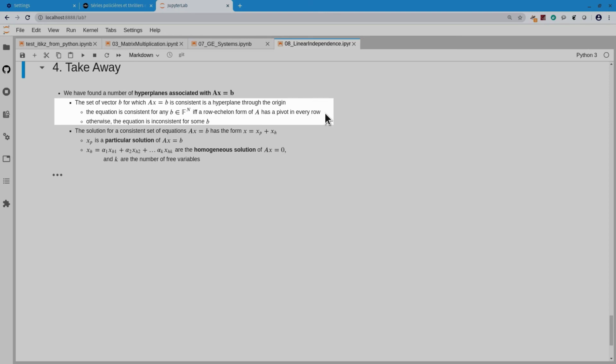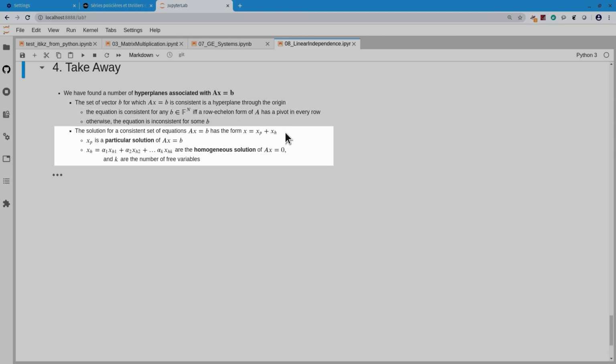Of course, if A has a pivot in every row, that means that hyperplane is all of Fn, the whole space. However, if A doesn't have a pivot in every row, then that hyperplane is a proper hyperplane in the space. There will be points in the space that we cannot reach by computing A times some x. There will be no solution for those vectors AX equals B.